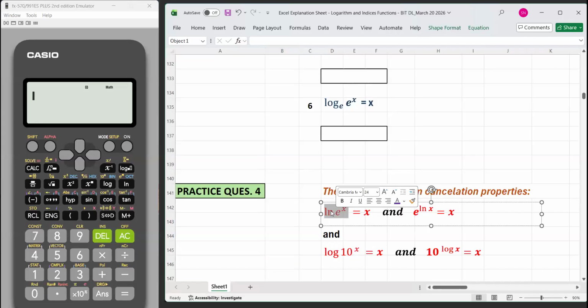That's the name for it, natural log. And this ln stands for log to base e. A log of a number to the same base automatically becomes 1.